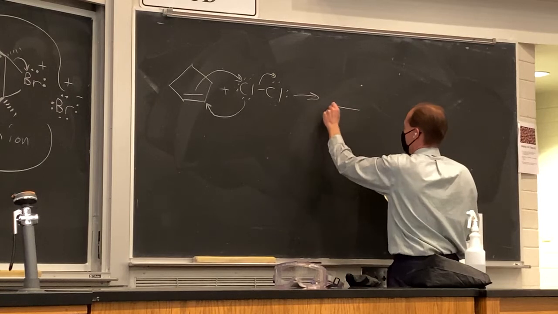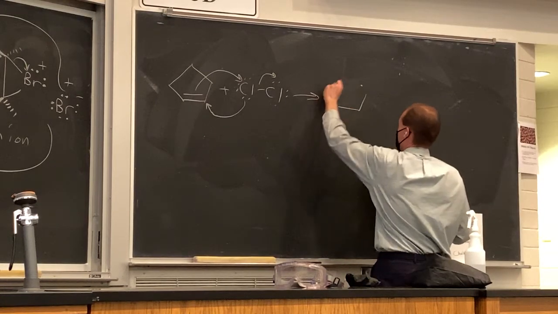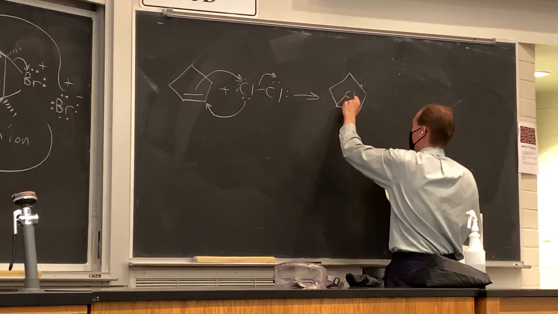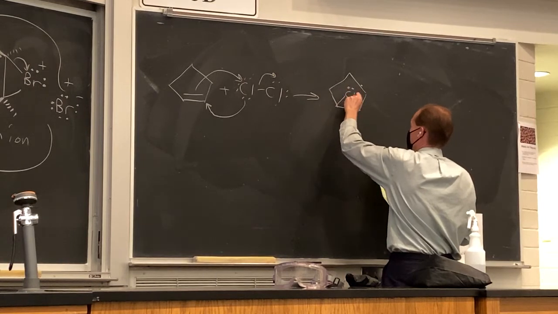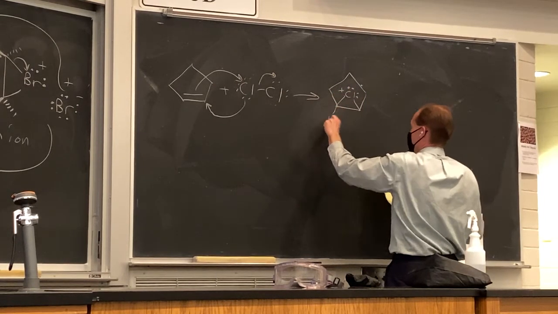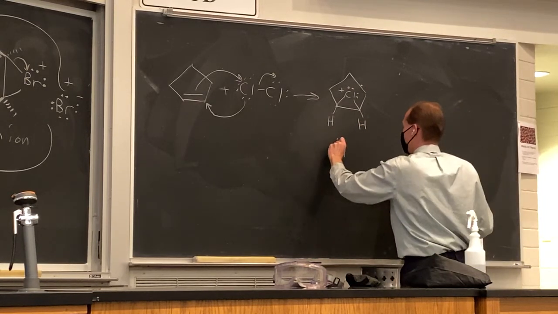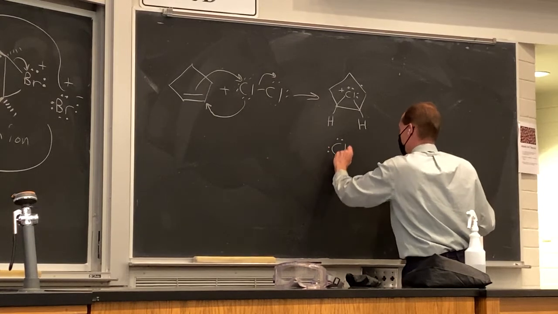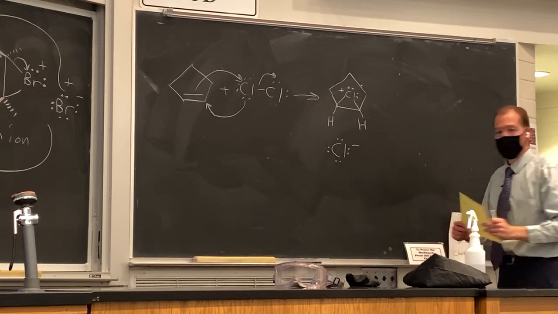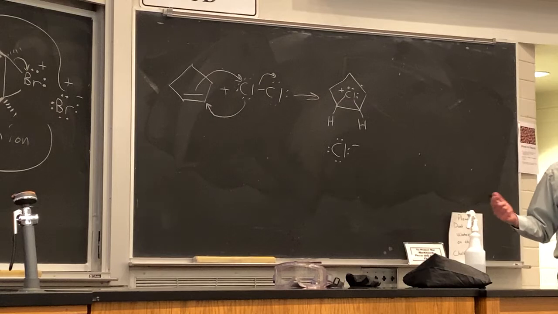So we're going to make, okay, here's our bridged halonium. Here's our chloride ion. Is there going to be any difference whether the chloride attacks the carbon on the left versus the carbon on the right? No difference. It's going to be the same. In both cases, it would attack from the bottom.